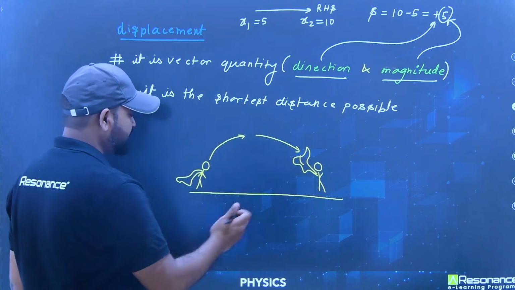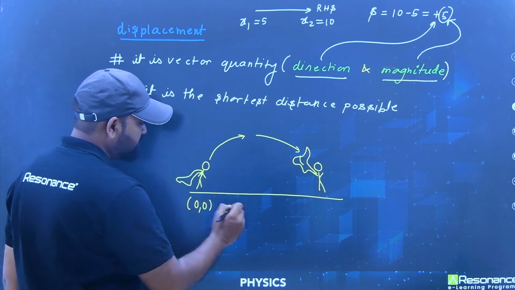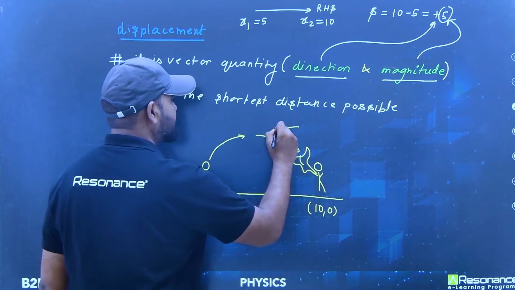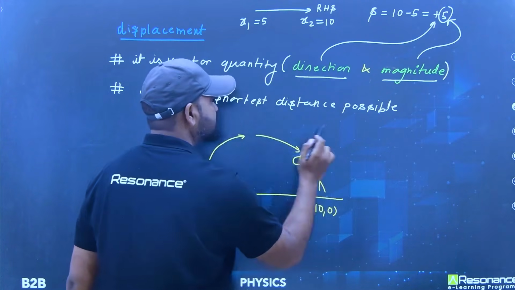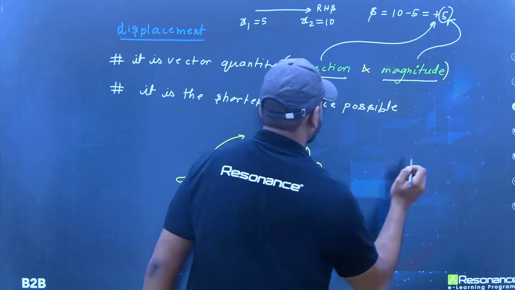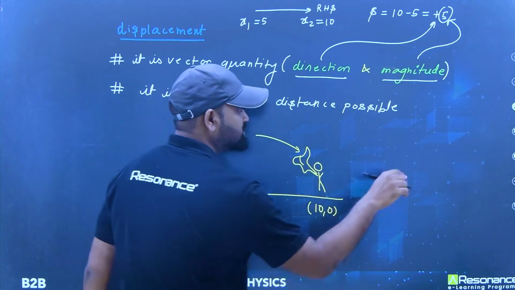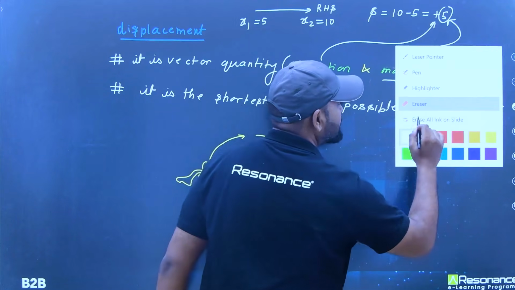Anyway, that person went from, let's call it, 0 comma 0 to 10 comma 0 in a circular path. Wait a moment. You know what, let's have values which are friendly. That would be much better.